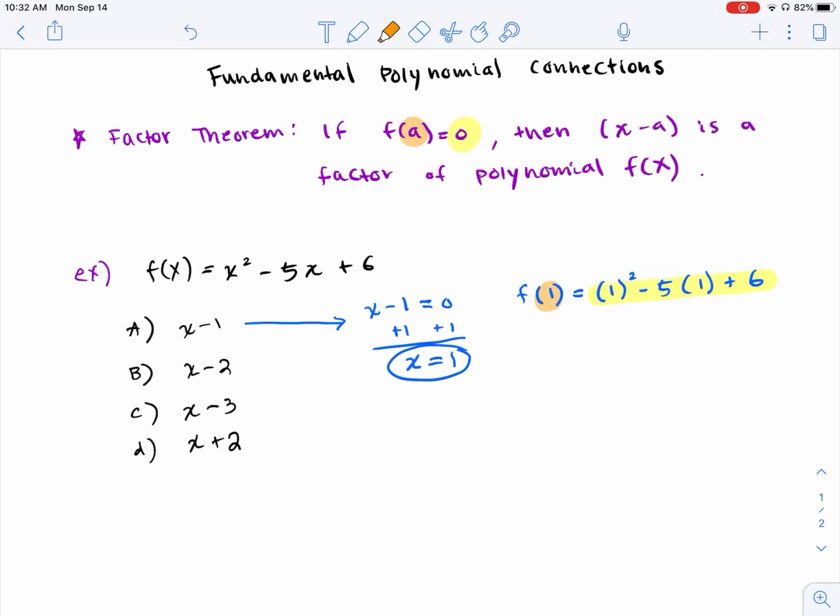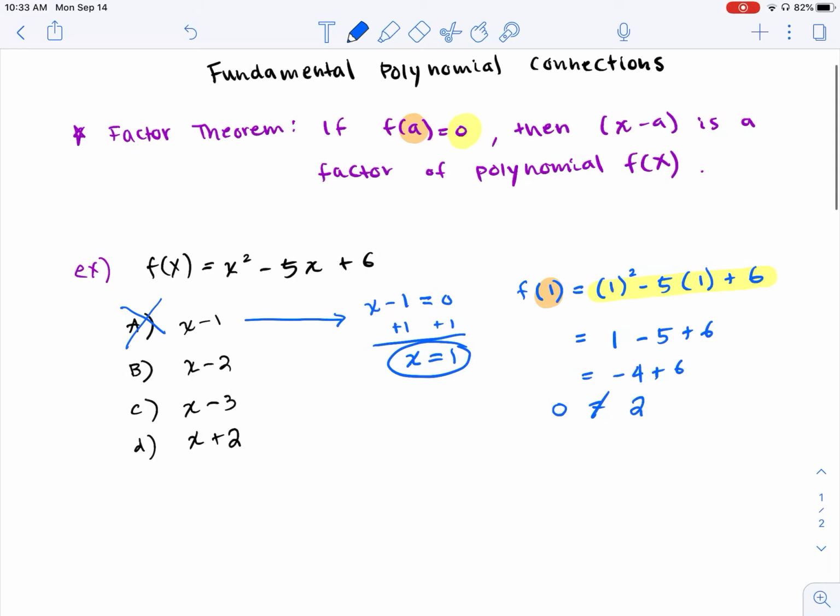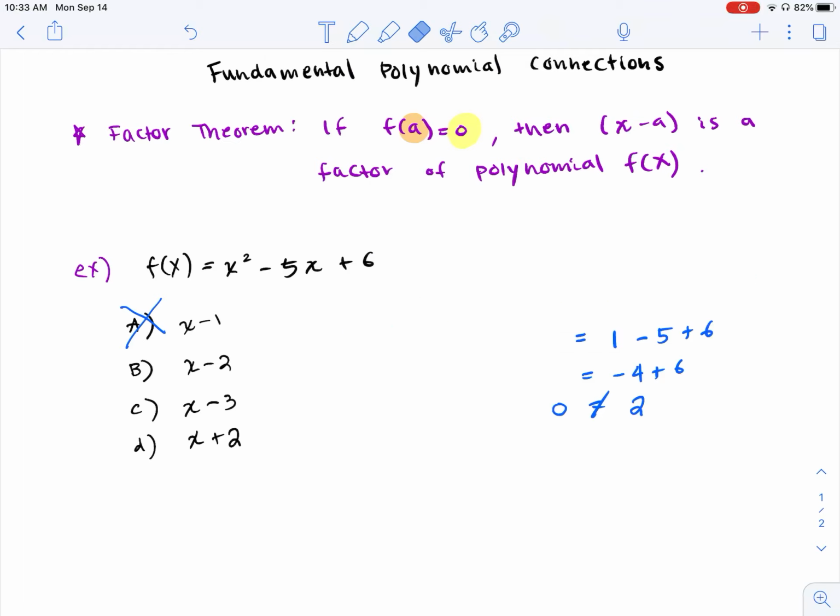So I'm going to solve this out. 1 minus 5 plus 6, negative 4 plus 6, positive 2. So you'll notice that it does not equal 0, so x minus 1 is not a factor. I'm going to erase this, but since you're watching this as a video, you can always go back and rewind. So let me erase this and we're going to try option B.